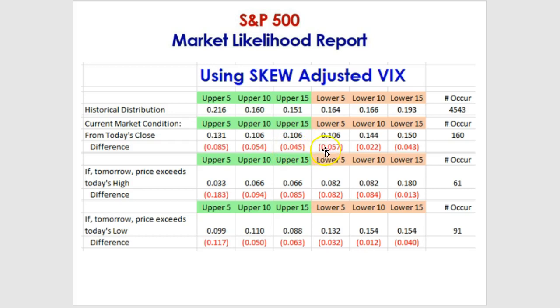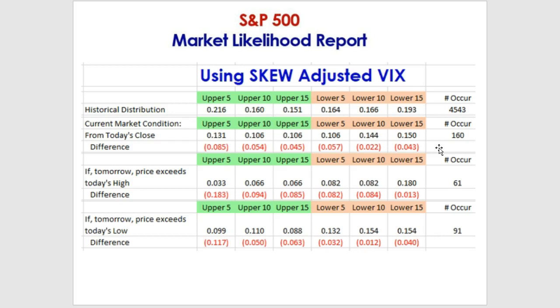The lower bands were struck less often as well. All 6 bands were struck less often. And this is a picture of lower market volatility in general.